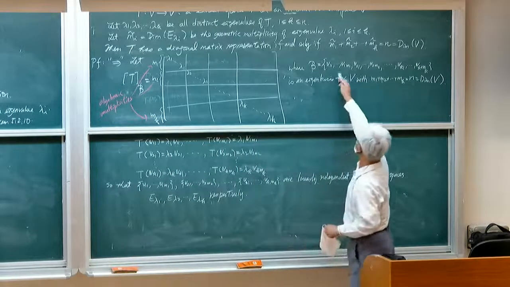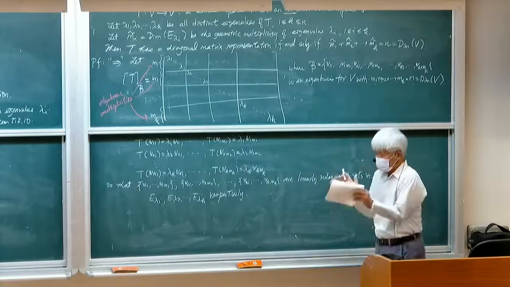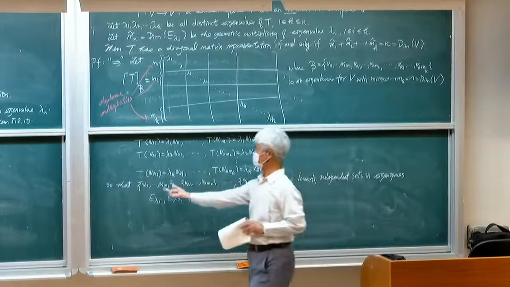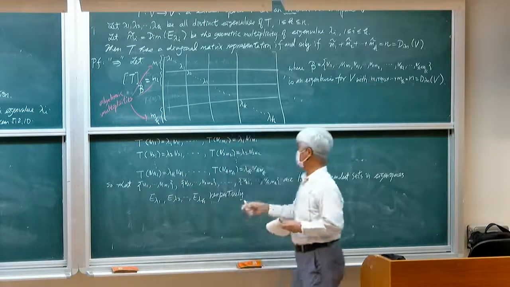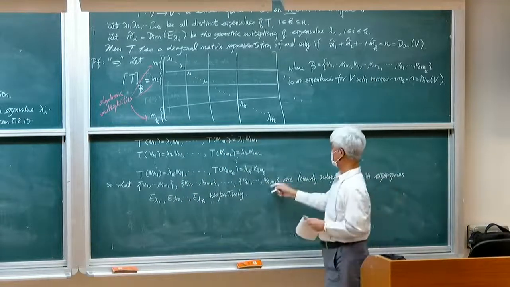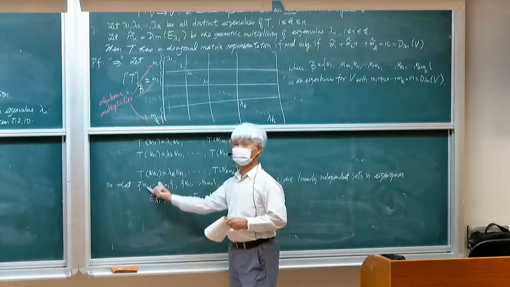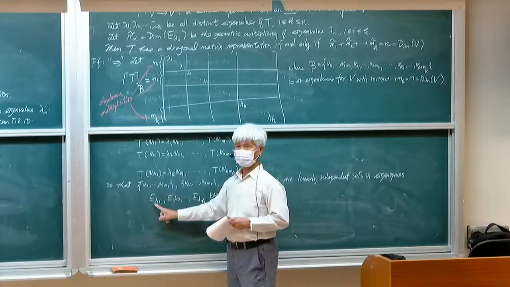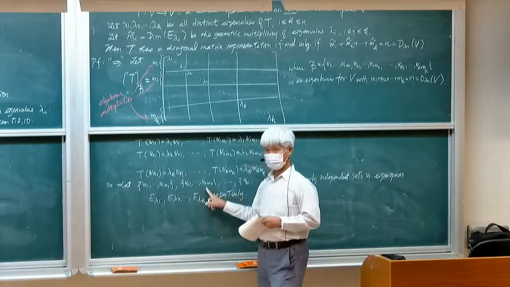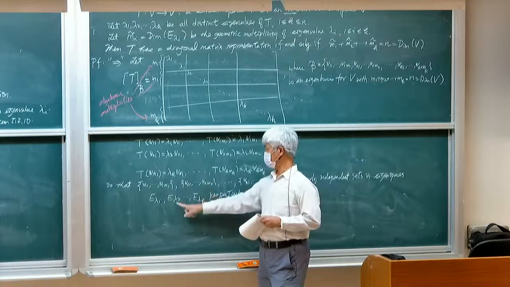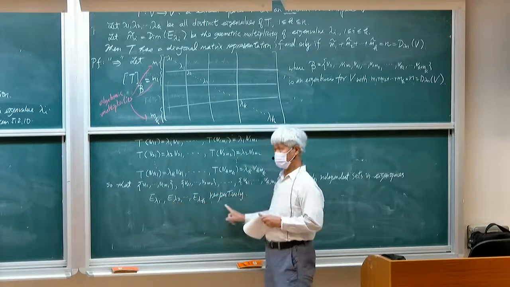Because the big set is linearly independent, every small subset is also linearly independent. So this is a linearly independent set in the eigenspace E lambda 1. This is a linearly independent set of the eigenspace E lambda 2, etc.